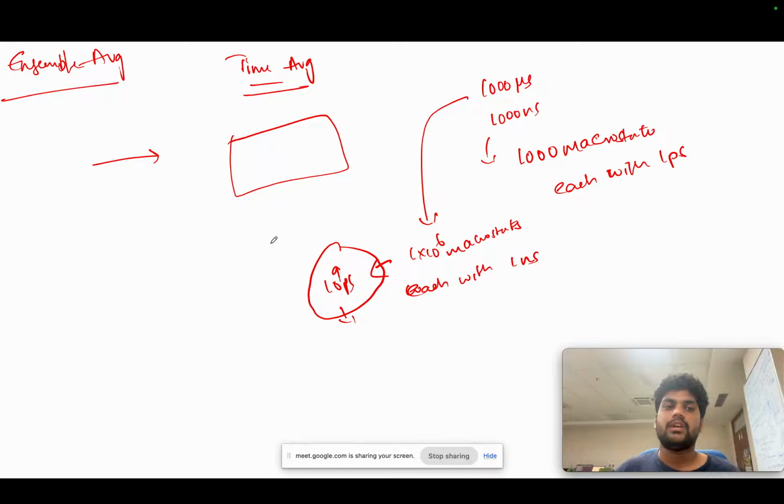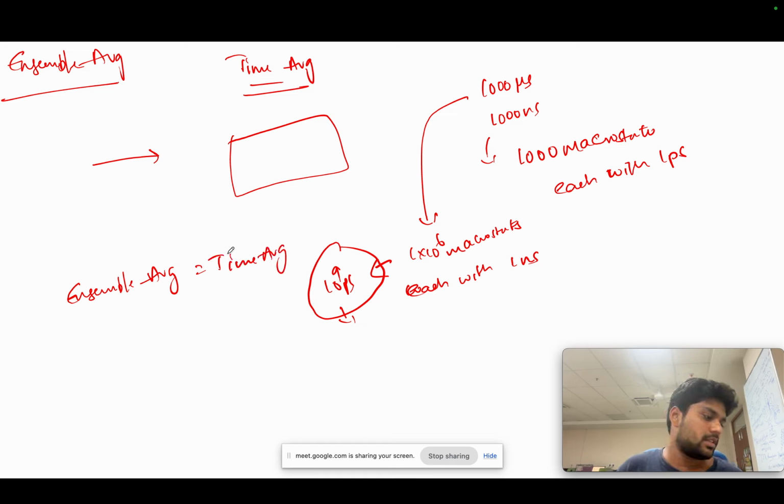So if you run long enough, then we can easily say that ensemble average equals time average. So you don't need to worry about the differences between them. The formula given for the time average is a sum over t equal to 1 to m.